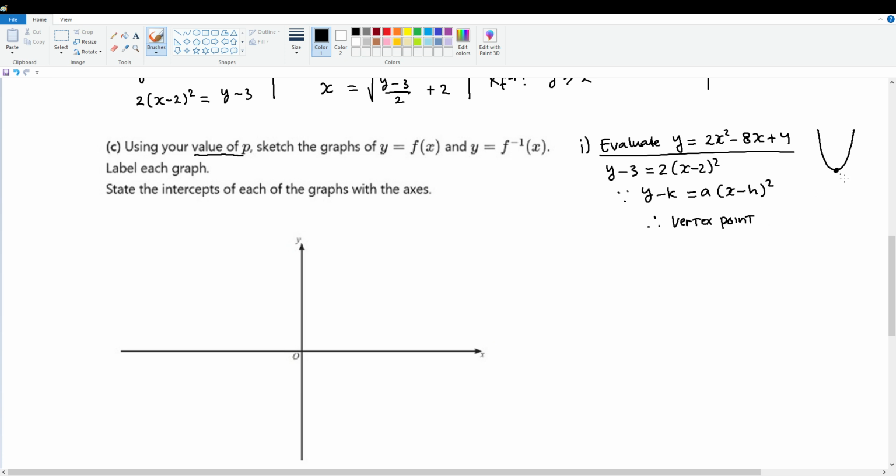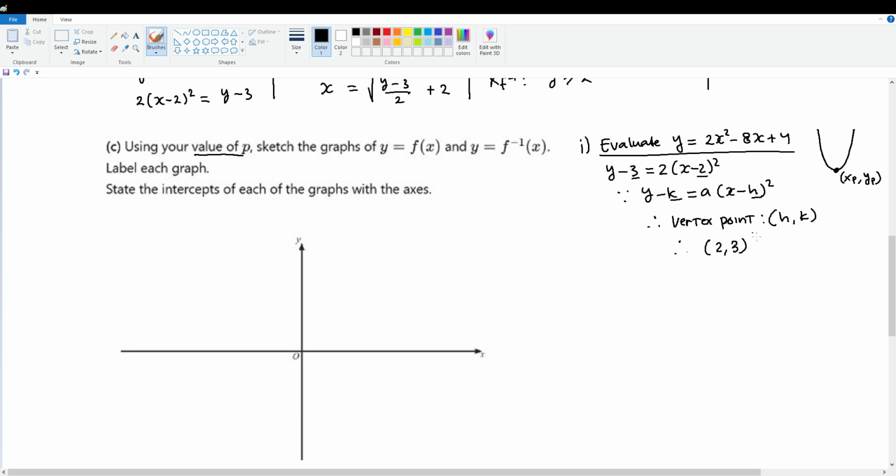This vertex point, let's say (xp, yp), can be found by putting in the values of h and k. In other words, here h corresponds to 2, k corresponds to 3. So the vertex point of this function is (2, 3). That is our vertex point for the function f(x).